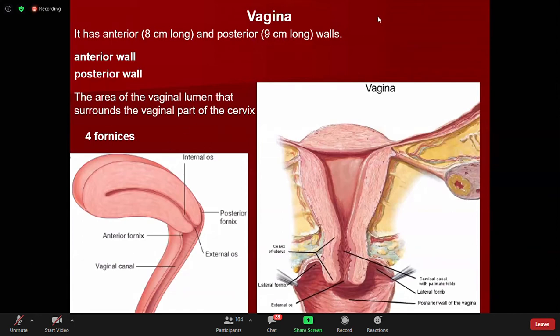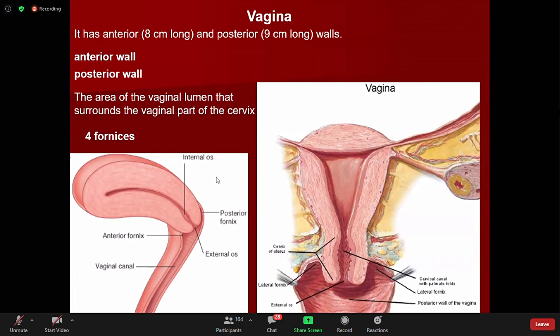We call them fornices. Now, sometimes to evacuate fluid from the pouch of Douglas, they go through the posterior fornix. Sometimes people doing illegal abortion, they go with a spatula trying to remove the fetus, and instead of going through the uterus, they go through the posterior fornix.